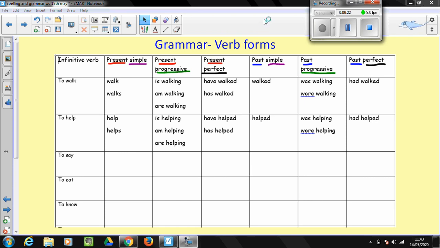Present perfect, have said, has said. Past simple, said. Past progressive, was saying, were saying. And past perfect, had said. Try it with to eat and to know. Pause the video and have a go.